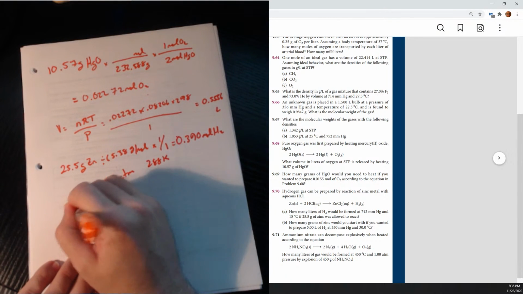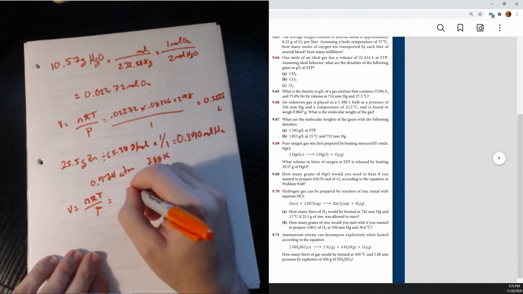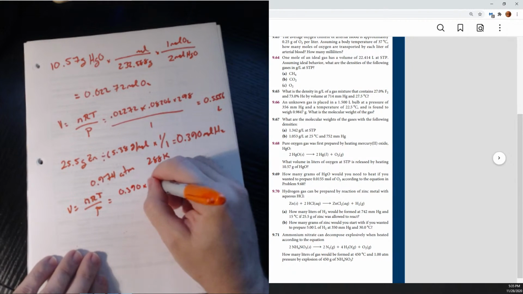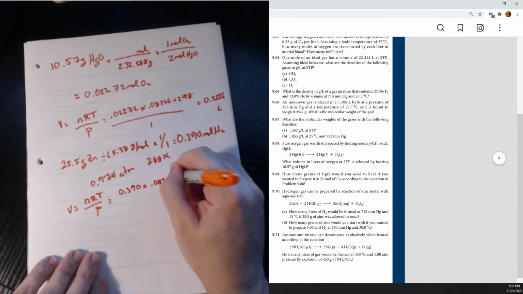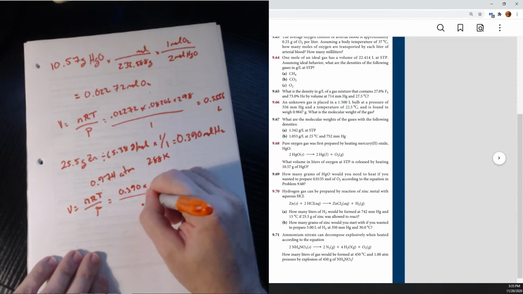Okay, so V equals nRT over P. 0.390 times 0.08206 times 288 divided by 0.974.